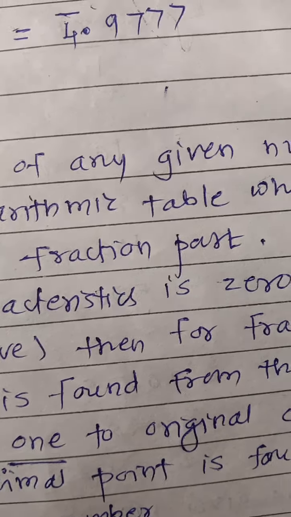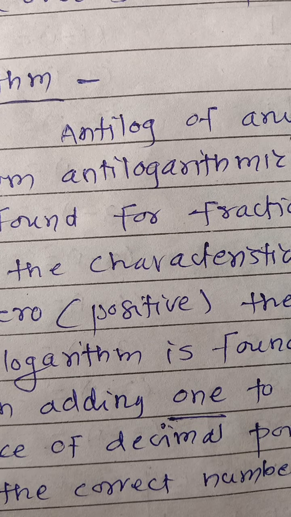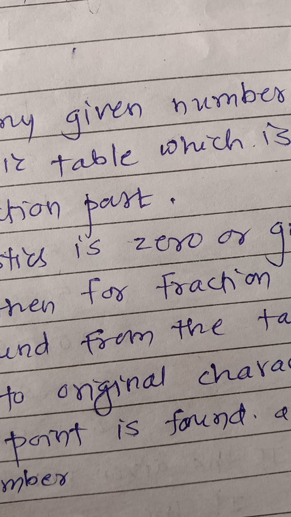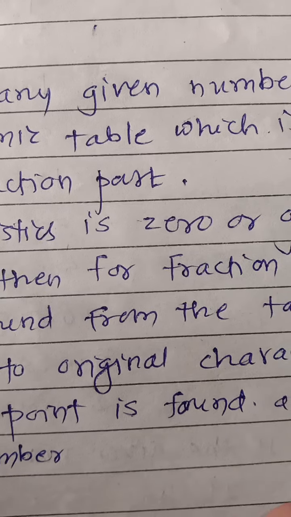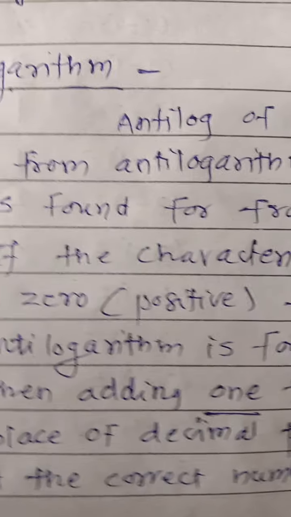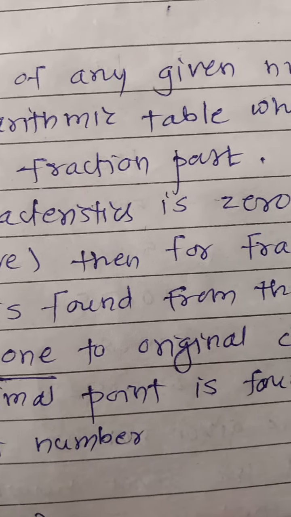The anti-log of any given number is found from the anti-logarithmic table. Similar to how the mantissa is found from the logarithmic table, the anti-logarithm is also found from the table, from the column of anti-logarithm, and it is always found for the fraction part.